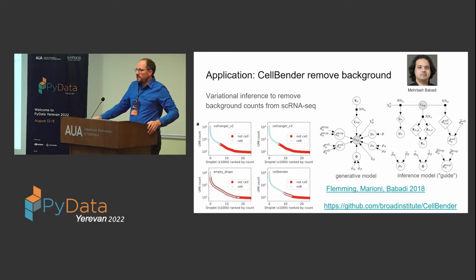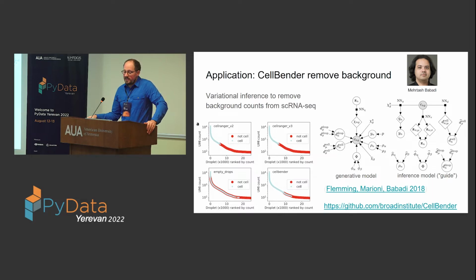And he was trying to distinguish in a large experiment RNA sequences that came from cells versus RNA sequences that came from junk that was floating around in a solution. And he was using variational inference for this. I'm not going to get into any details here, but Mehrtash was also really excited about building these scalable variational inference algorithms and analyzing lots of data.